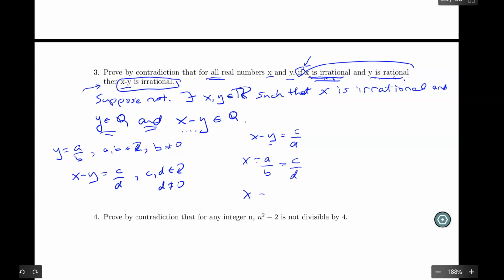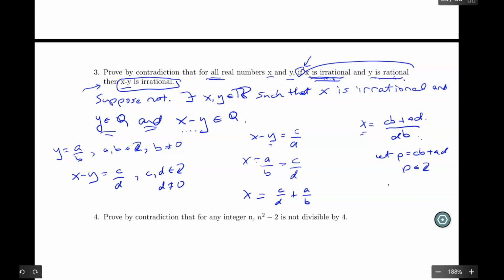Let's add this over, so I'll get c over d plus a over b. Then I'm going to make common denominators, so I get cb plus ad all over db. So what do I have here? I have x. What I've done is I've rewritten x as a quotient of integers. If I let p equal cb plus ad, because it's a product and addition of integers, that's an integer.